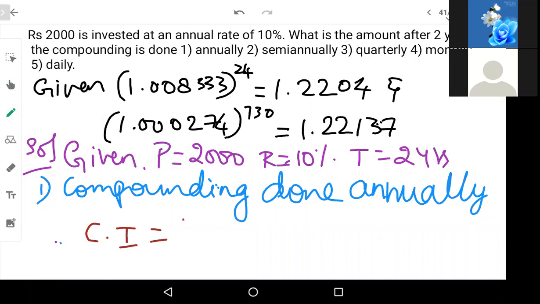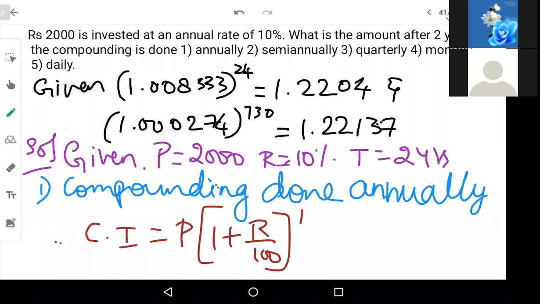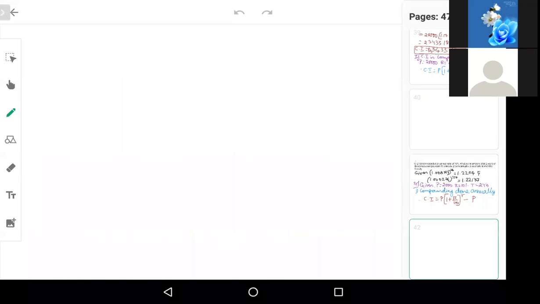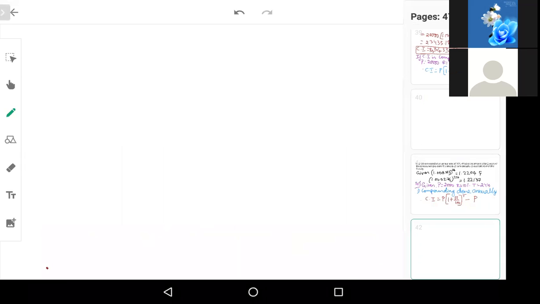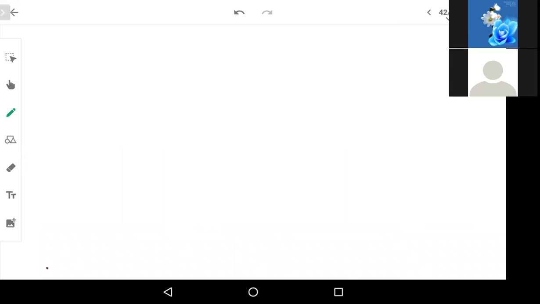Compound interest is equal to P into 1 plus R by 100 to the power T minus P. Very good. What is the total amount, Lakshmi? Compound interest is 420. What is the total amount? Including interest and principal, what is the amount? 2420. Very good. Others, I'm waiting. Send the answers fast.